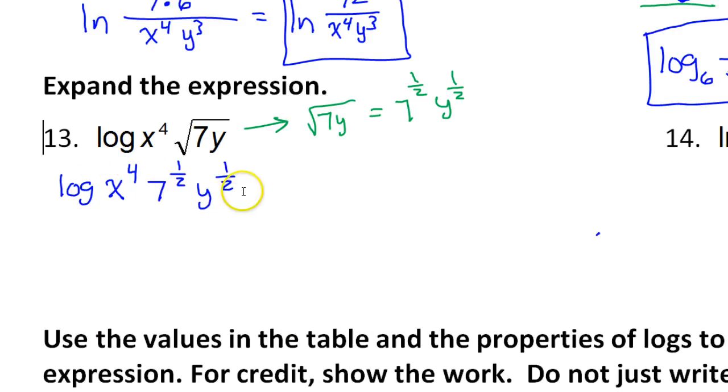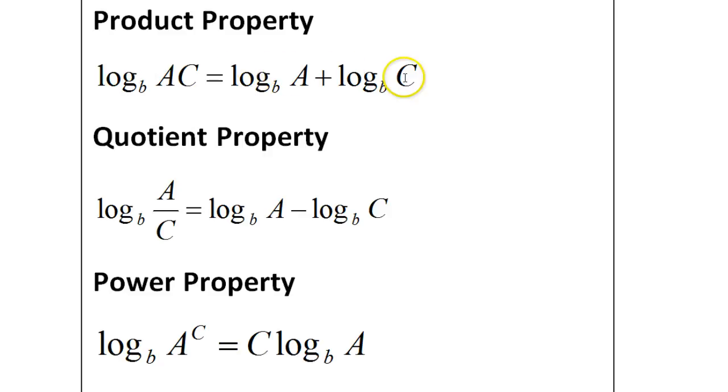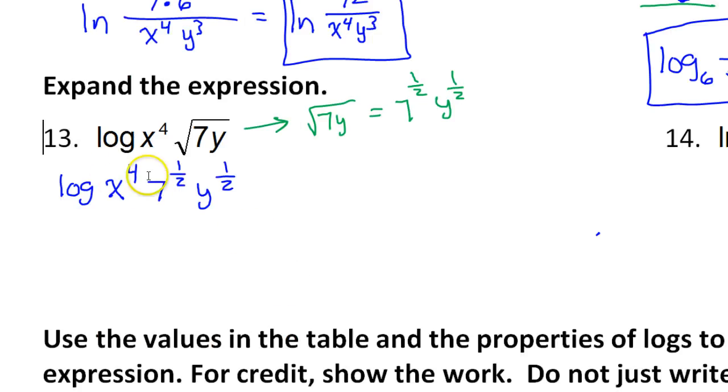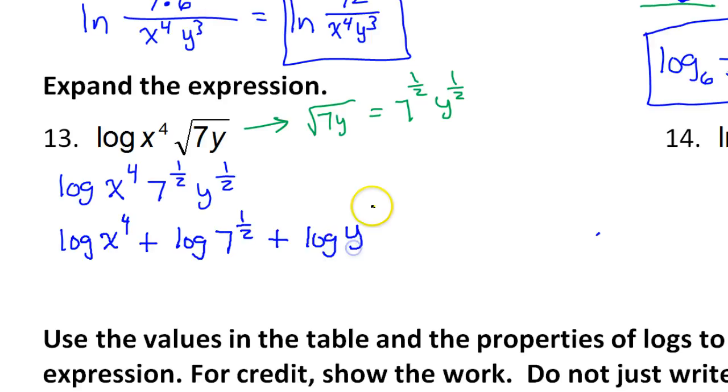So we have 3 things all multiplied together. So we can use the product rule to turn this into a sum, but it will be a sum of 3 logs. So this will become log x to the 4th power plus log 7 to the 1/2 power plus log y to the 1/2 power.